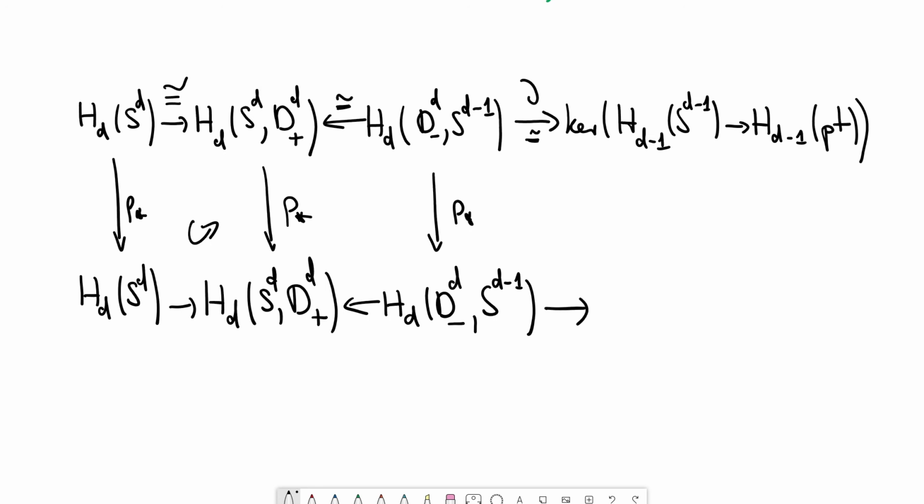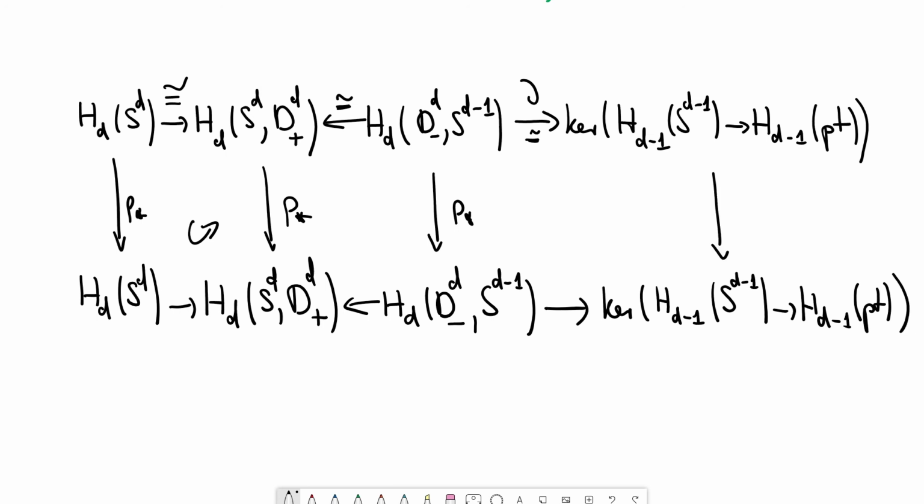And here we need, again, that the reflection preserves S^(D-1) and is a reflection on S^(D-1). And the naturality of the boundary homomorphism gives us also this commutativity. So everything is commutative, and that's the compatibility of this isomorphism that we seek, and which gives us, via the induction hypothesis, the statement.